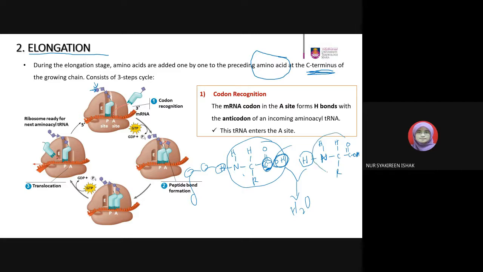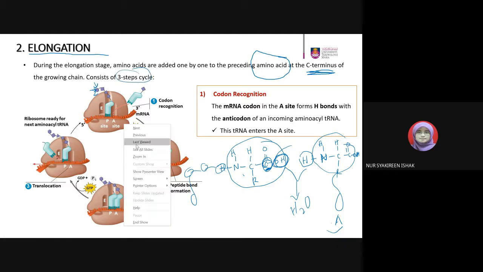This is the new amino acid that is attached to the tRNA that sits in the A site. So during the elongation stage, amino acids are added one by one to the preceding amino acid at the C terminus of the growing chain. It must be at the C terminus. So the elongation stage consists of a three-step cycle.